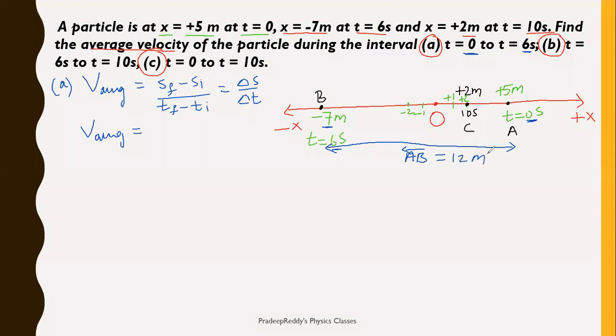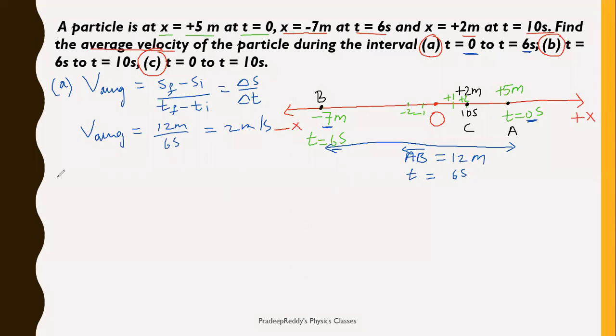Right? So the AB length is 12 meter. And what about the time taken here? Time taken is equal to 6 seconds. Substituting that here, 12 meter divided by 6 seconds gives you 2 meter per second. That is the average velocity in between 0 to 6 seconds.